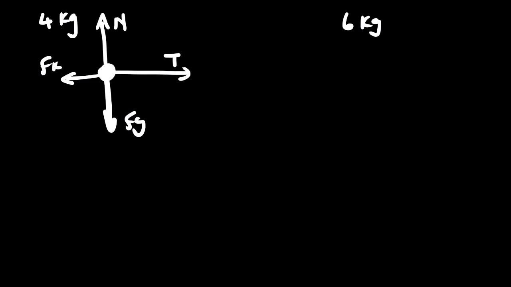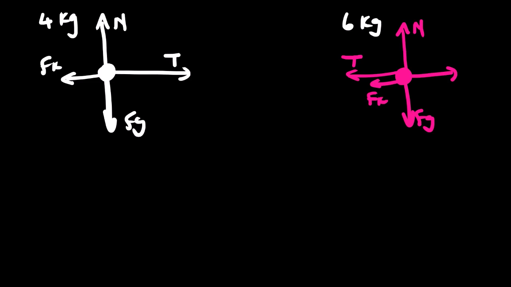It is moving due to tension. We are not applying any force to it. So for the 6 kg, we have normal force, Fg, tension, kinetic friction, and then the applied force. These are the free body diagrams of the forces acting on the object.